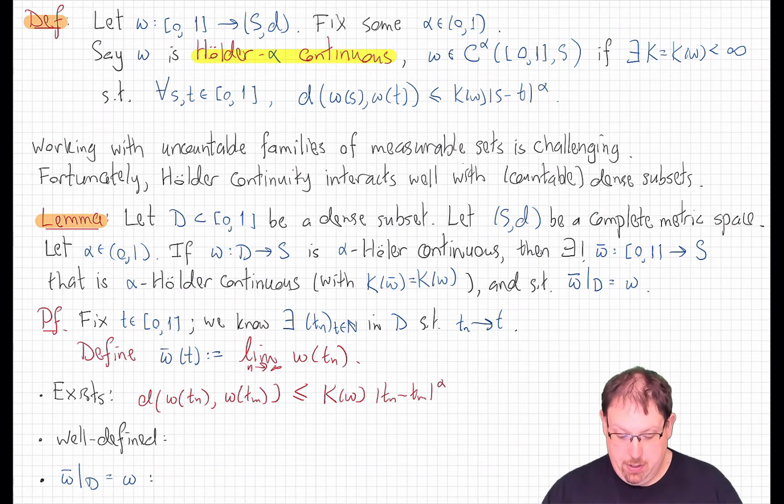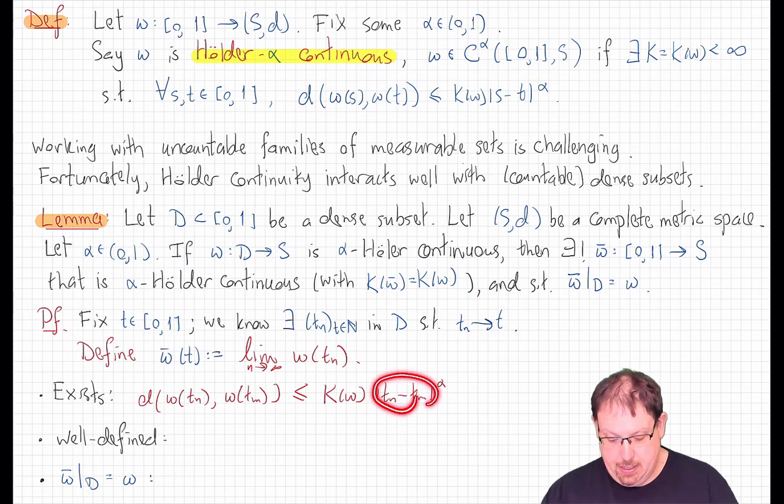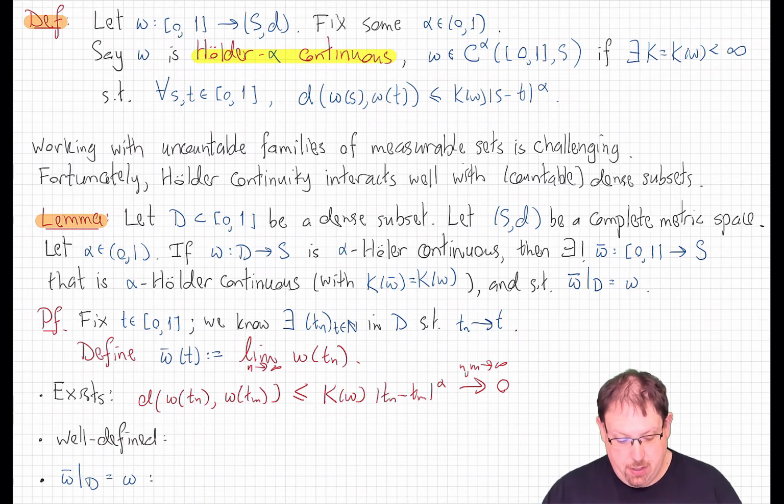Now, alpha is greater than 0, and so since Tn goes to t, Tn is a Cauchy sequence, which means that this tends to 0, and so therefore does that. So this tends to 0 as n and m go to infinity. And we conclude from there that the sequence omega of Tn is a Cauchy sequence in S. But S is assumed to be a complete metric space, which means that that Cauchy sequence has a limit, which is what we're defining this to be.